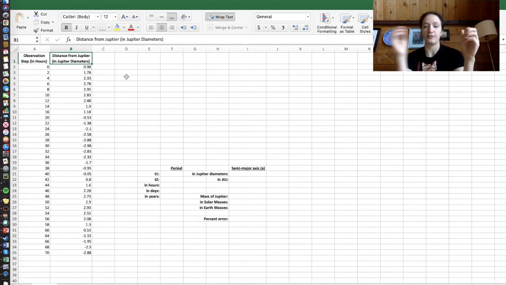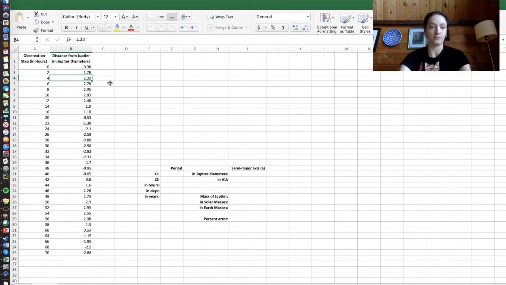If you were to take from the middle to the edge, that would be your radius. So distance from Jupiter in Jupiter diameters basically means how far away these moons are. And you can see they actually get pretty far away. Like this one is at 2.3 Jupiter diameters away. So they're not right up close to it.